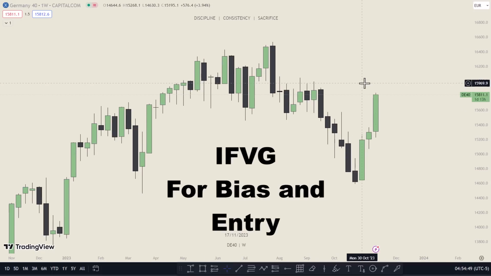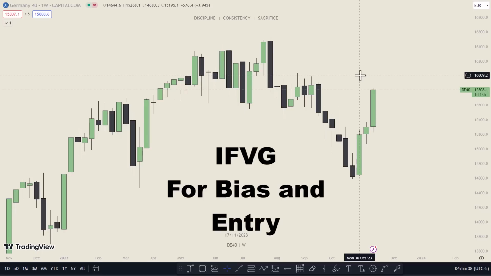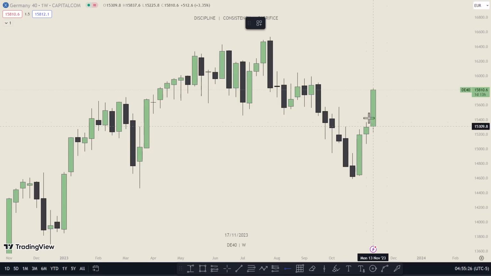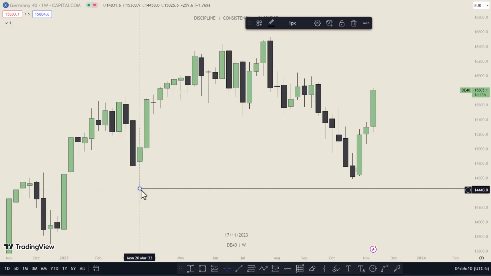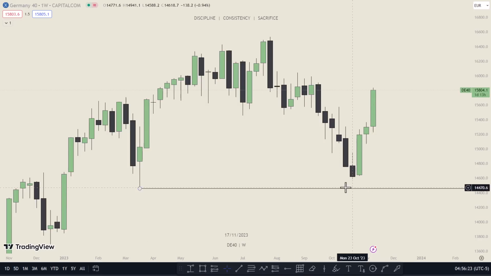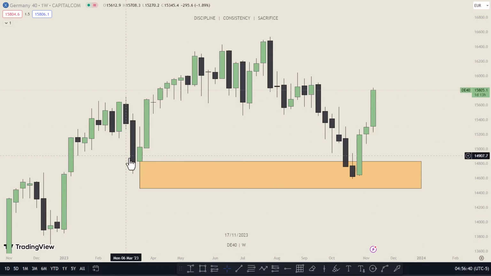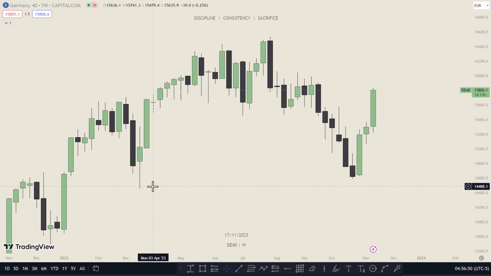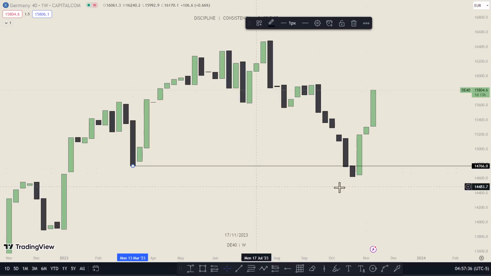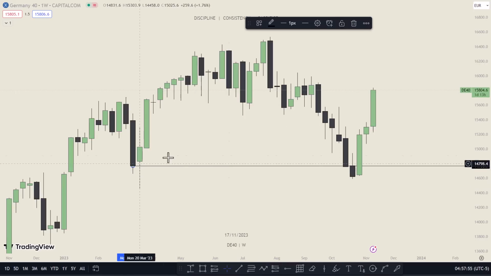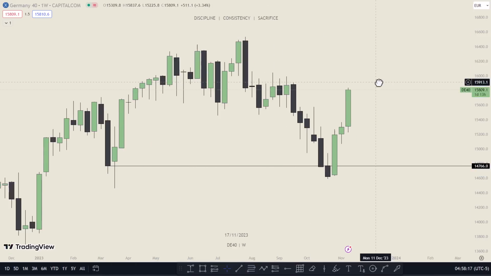Now, I'm not going to give you a strategy entirely based on inverted fair value gaps or teach you about the pattern so that you end up buying and selling every fair value gap that gets flipped. No, instead, I'm going to teach you how to actually read price like the real ICT profitable students and use inverted fair value gaps properly. The things we're going to discuss today will take your trading game to the next level.